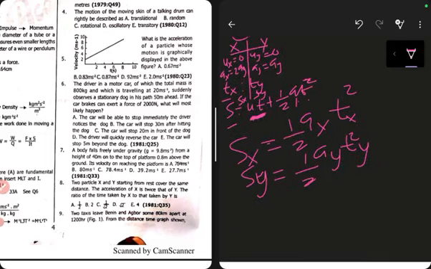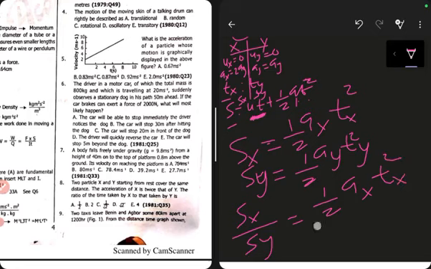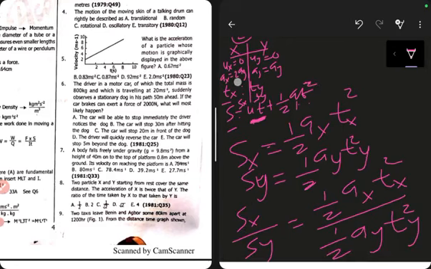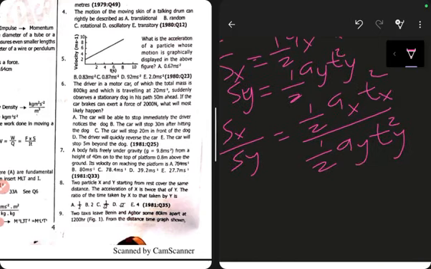So this now gives me something I can use. I can say distance covered by X over distance covered by Y is half acceleration of X times time for X all squared, divided by half acceleration of Y times time for Y all squared. But don't forget, they told us that the acceleration of X is twice that of Y. Normally the half will cancel half.